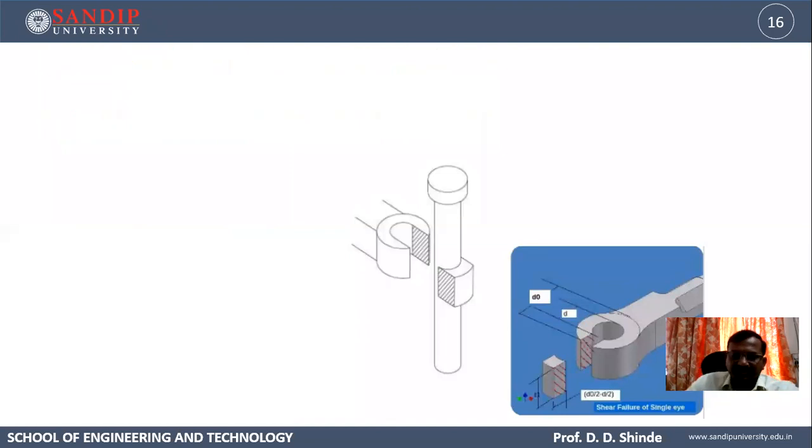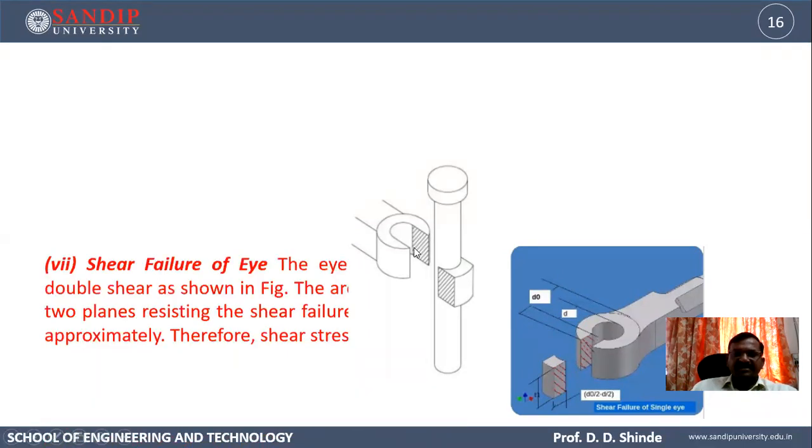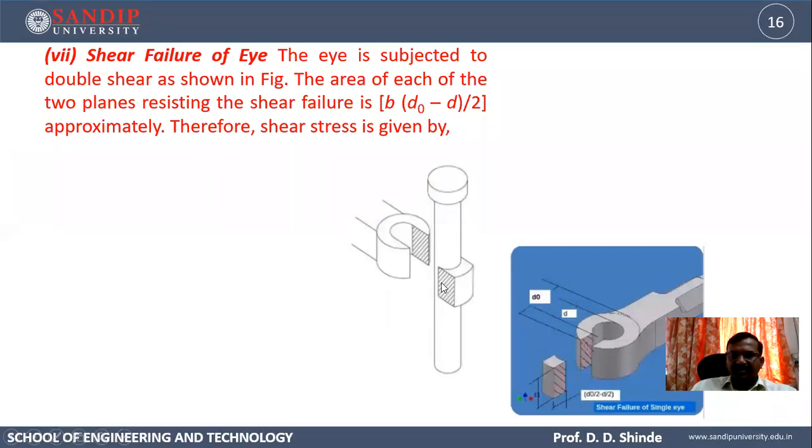So instead of assuming that the eye fails in tension, if I assume that it fails in shear, then when the eye is subjected to tensile force, the pin will take out the portion of the eye in shear. So instead of tensile, if it shears, it will shear like this.